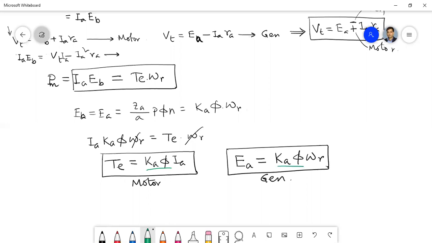Now, what is our input for motor? The left side we always write the output. So phi and Ia are the inputs for the motor, and this is the output. So this is the output, and these two are the inputs.